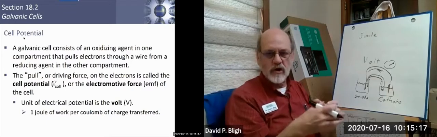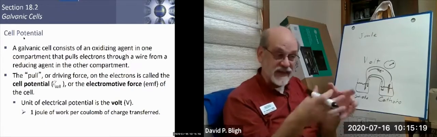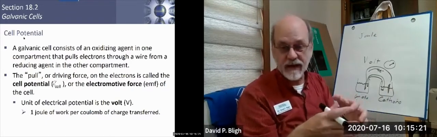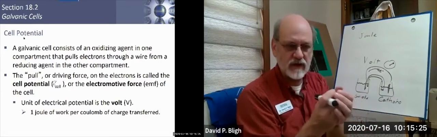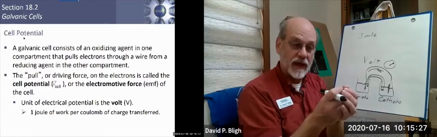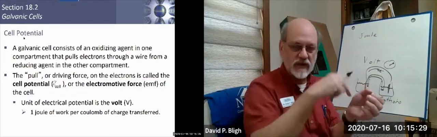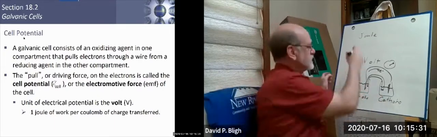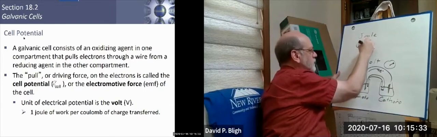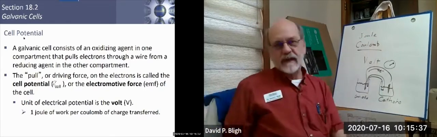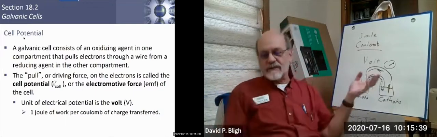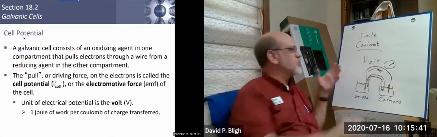How much charge is contained in a conductor, if it's electrostatic, or how much is transferred from one place to the other, is a coulomb. Now, you just have to accept coulomb as a unit of charge.